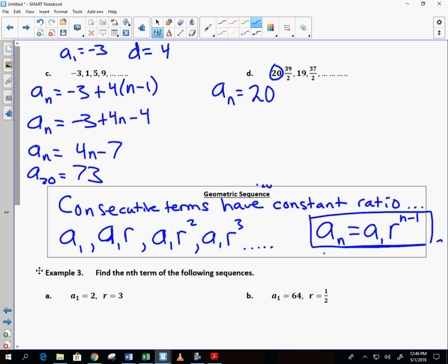So what's the difference here? What do we got for a difference on this guy? Yeah, -0.5. So you have to do a -1/2 times n minus 1. So a sub n is equal to 20 minus 1/2 n plus 1/2.